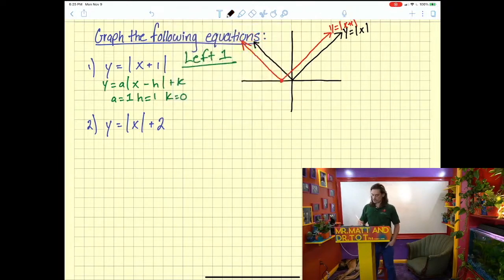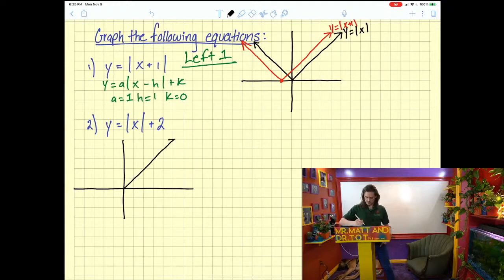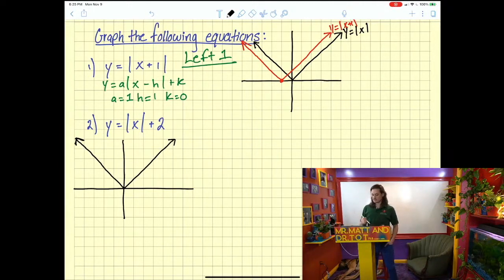Okay, so number 2, if I draw an x and a y axis, and I just start with the parent function because that's what I want to compare everything to. Notice how I'm drawing this is I just start at the origin, and with these grid lines, it's pretty easy because it's just a slope of 1.